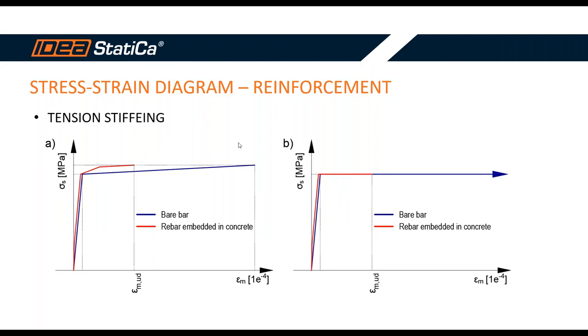We have just one diagram, but again, there is the tension stiffening effect considered, and the user input is the blue line, the one which is code-dependent, but the software can consider the tension stiffening effect, which is the result of rebar embedded in concrete and the actual help of concrete between the cracks, that is, a contribution of the concrete in tension.